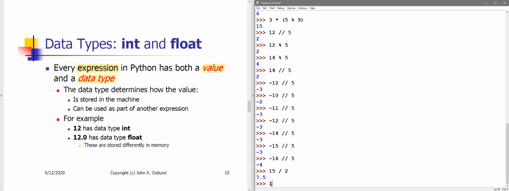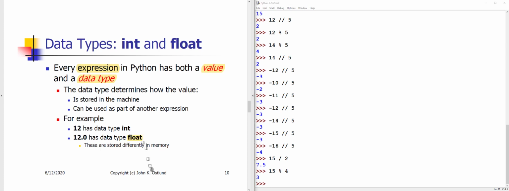If I say 15 modulus 4, I get a value, a remainder after division, of 3. The value 7.5 has a data type of float. Okay, that is, it's a value that has a fraction in it, a decimal point followed by some digits.